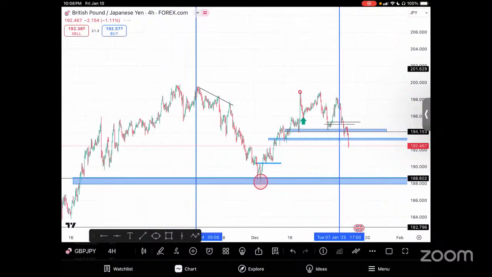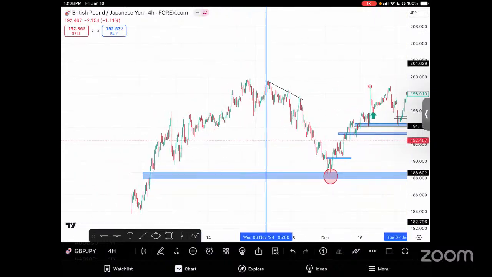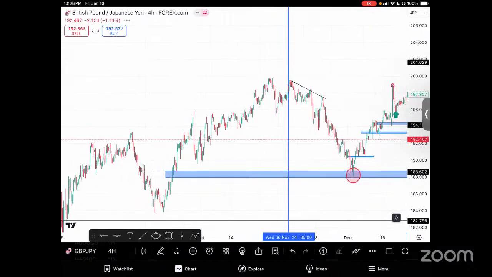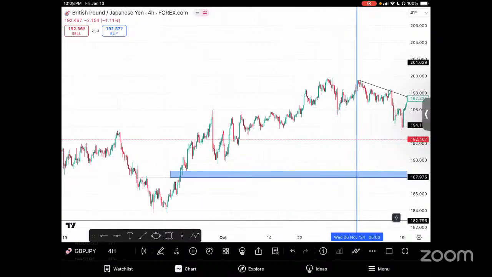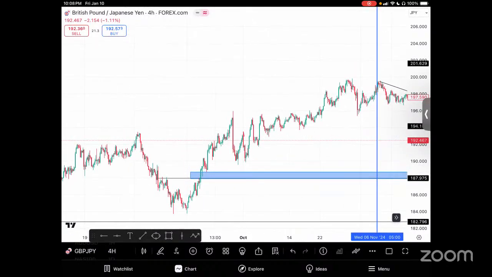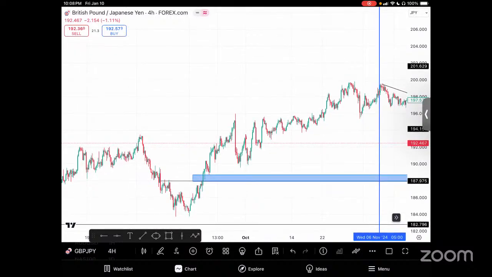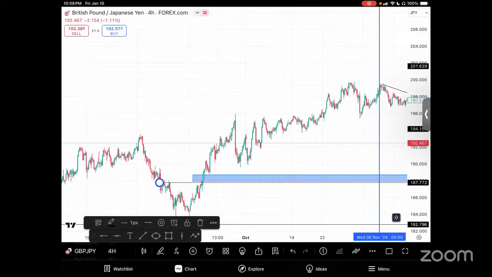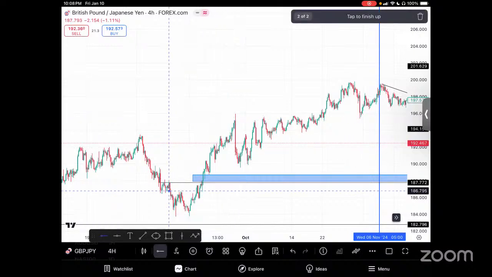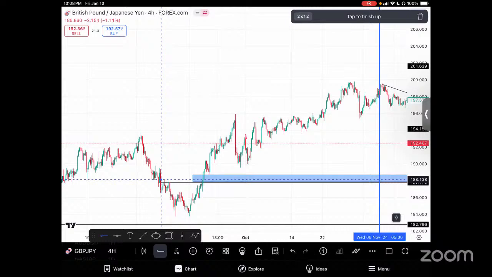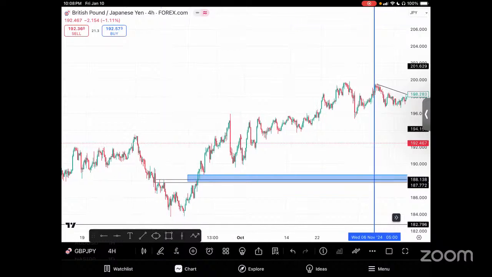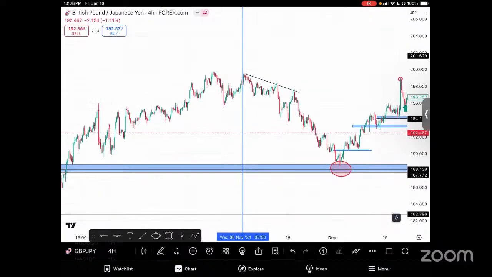Now, when I look to the left to see if there's any previous high, see that? Now, it's not perfect, but the principle is there, right? The principle is there around that zone. So it just wicked it.